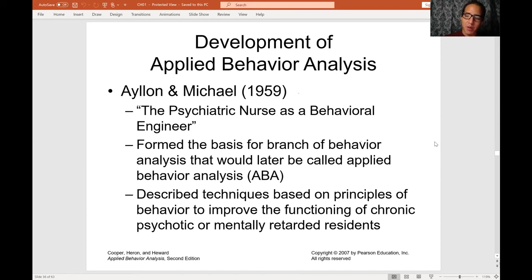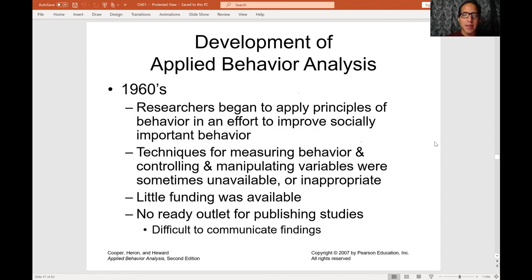This is awesome, awesome, awesome time. In the 1960s, the researchers began to apply principles of behavior in an effort to improve socially important behaviors. Techniques for measuring behavior and controlling and manipulating variables was sometimes unavailable or inappropriate. So, this is the early times, the 1960s.